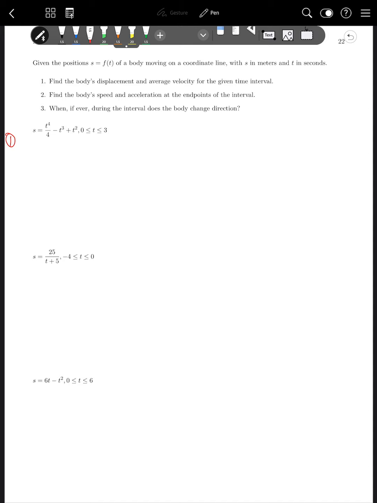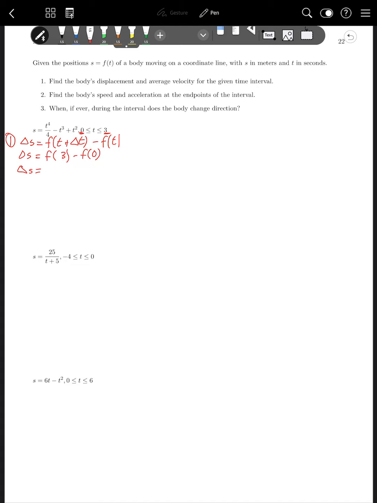To find the displacement, which is delta s, we just take f of t plus delta t minus f of t. So in this case, we start out at 0 and we end up at 3. So it's going to be delta s equals f of 3 minus f of 0.